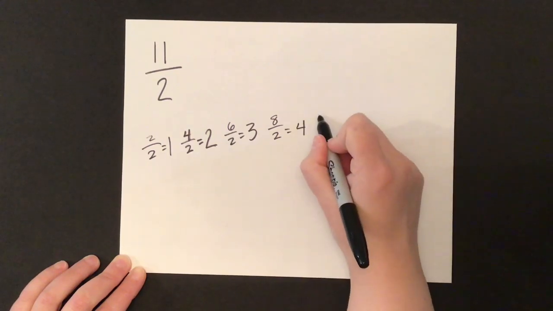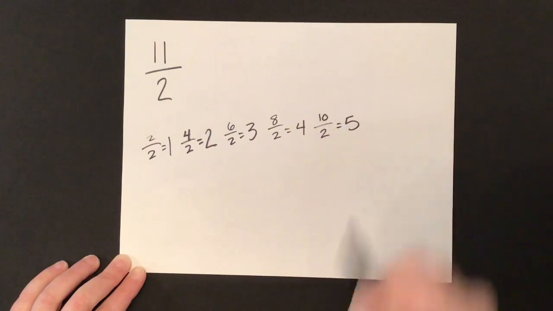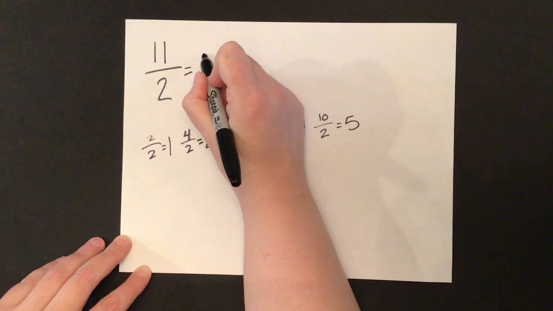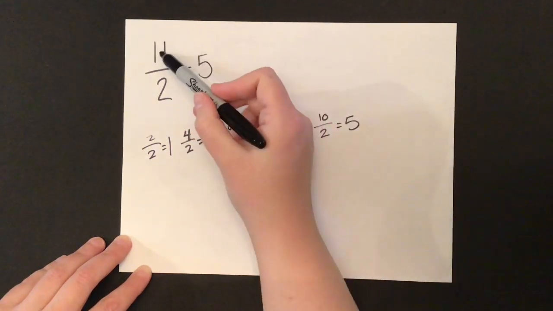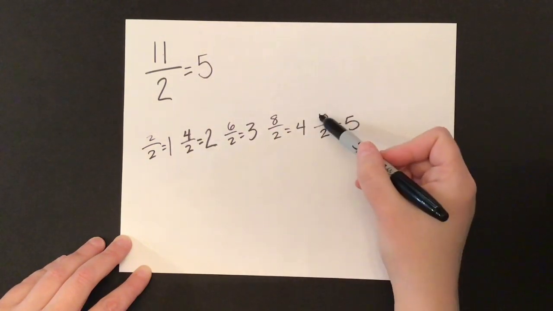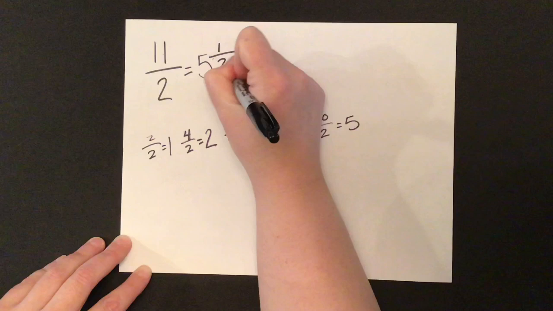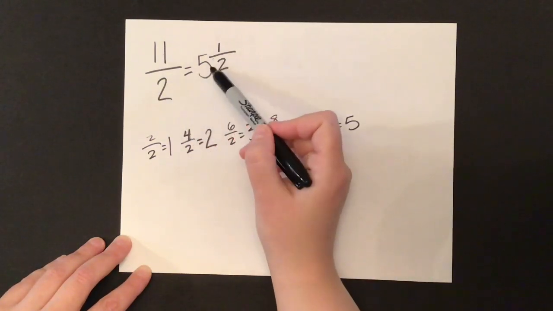If I had 10 halves, that would be 5 wholes. So I have enough that I can make 5 wholes. There will be 1 piece left over because 11 take away 10 is 1. And then we're working with halves. So 11 halves equals 5 and a half.